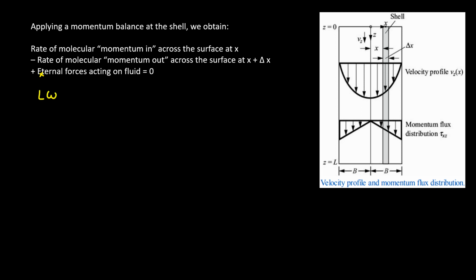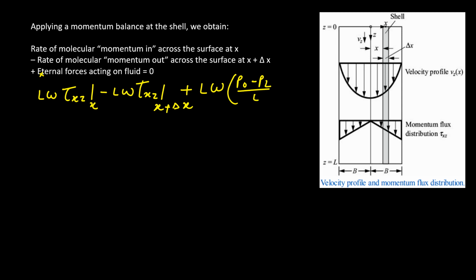So LW tau xz at x, minus LW tau xz at x plus delta x, plus external force LW times P naught minus PL upon L, into delta x at the shell.